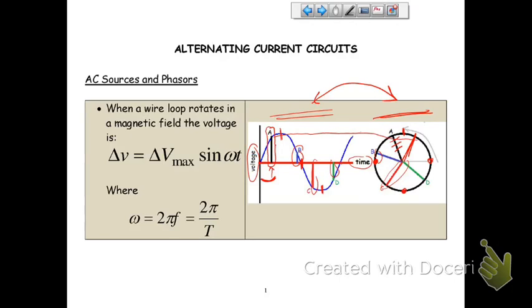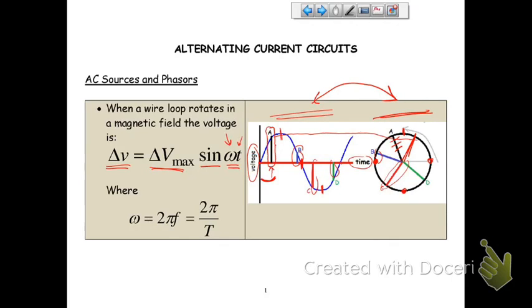When a loop of wire rotates in a magnetic field, that's how power stations work, for example, then the voltage, my little voltage at a given time, is equal to my maximum voltage times the sine of the angle, and the angle depends upon the angular frequency times the time. We've been there before.